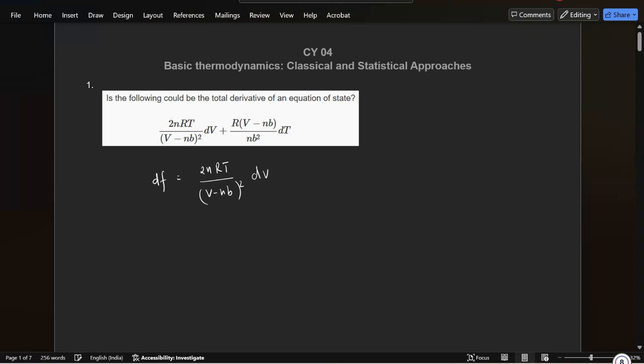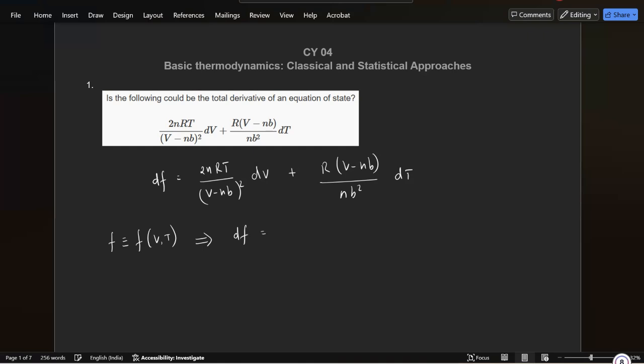So how do we find that? How do you find that, Julie? Let's say a function is given, and it's in terms of v and t. How do you write the total derivative?